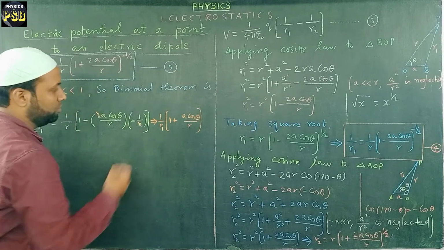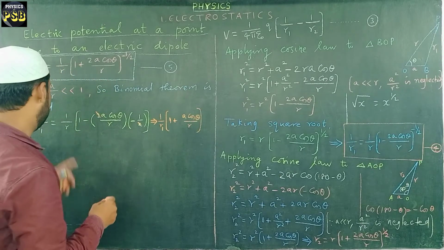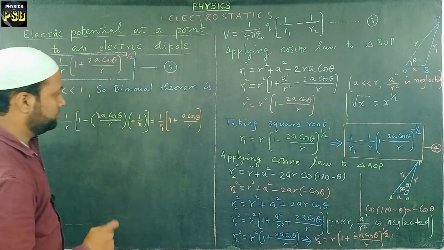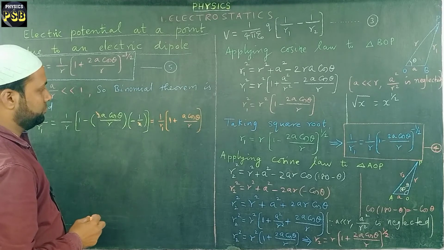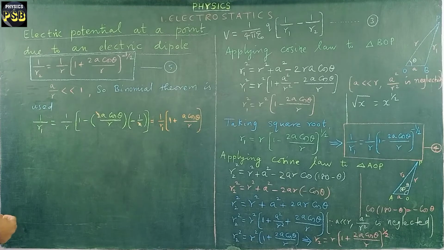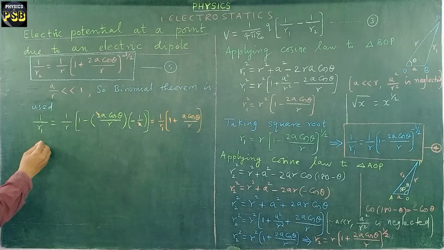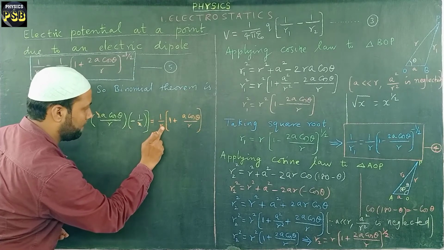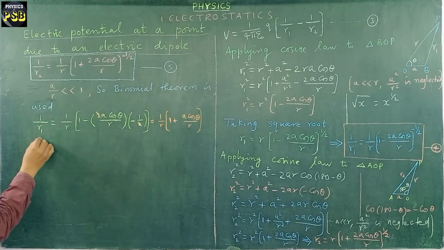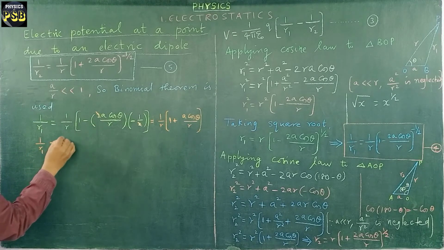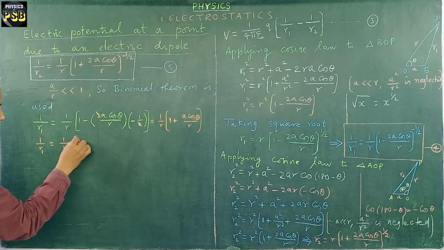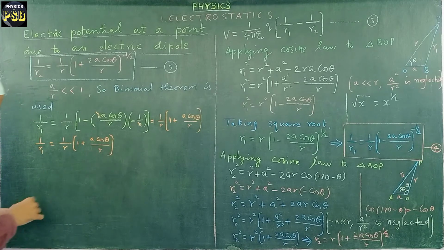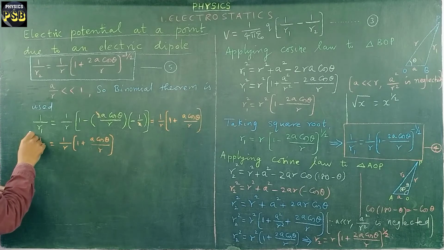This is the value of what? 1 upon R. Okay, so 1 upon R is actually 1 divided by R. 1 upon R1 is equal to 1 divided by R multiplied with 1 plus a cos theta divided by R. I box this for my convenience.